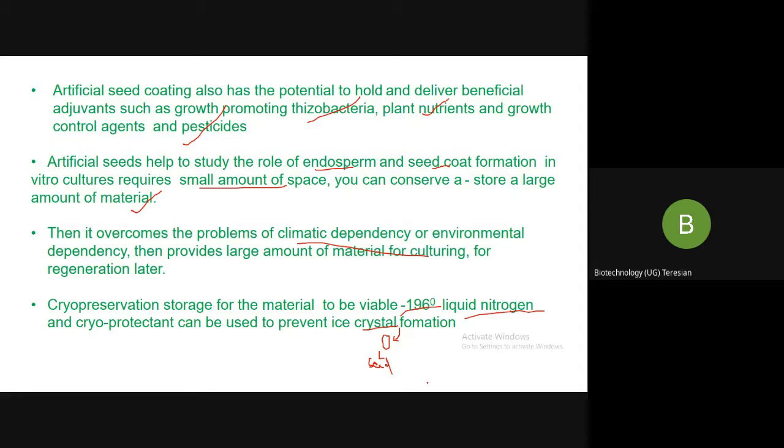So what do you use? You use cryoprotectants. Now in nature also you see plants grow in the snowy region, right? Very low temperature also they are growing, right? So, what is happening there? There must be some factor in that plant which is protecting it from that very low temperature.